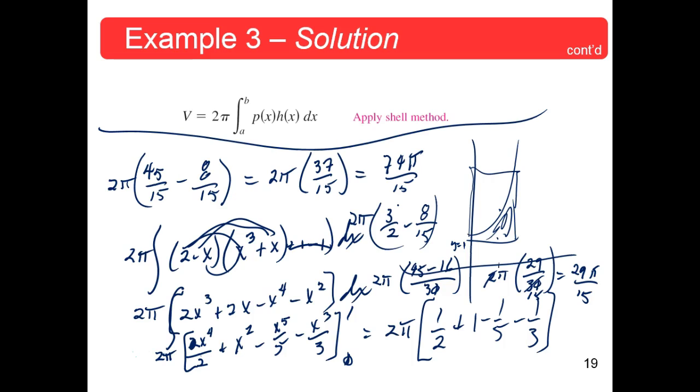Either 43 or 45 are good problems. They're both at CalcChat. And then some word problems, any of the odds, 47 through 53, they're all at CalcChat, none of them at CalcView.